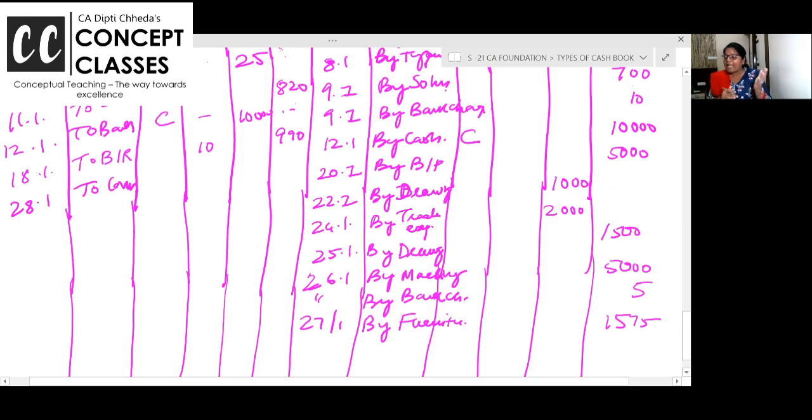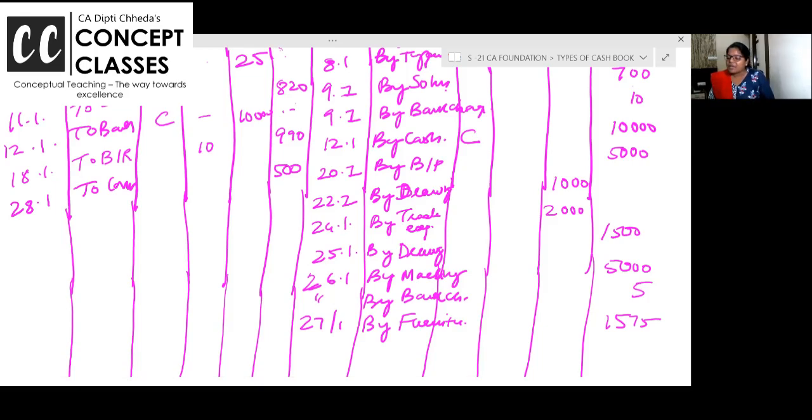Why? In the bank you are getting the money. How much money you are getting in the bank? 500. But then it is your income, commission. So bank account debit the receiver. Commission is income. All expenses debit, incomes credit. So 500 will directly go to the bank column.